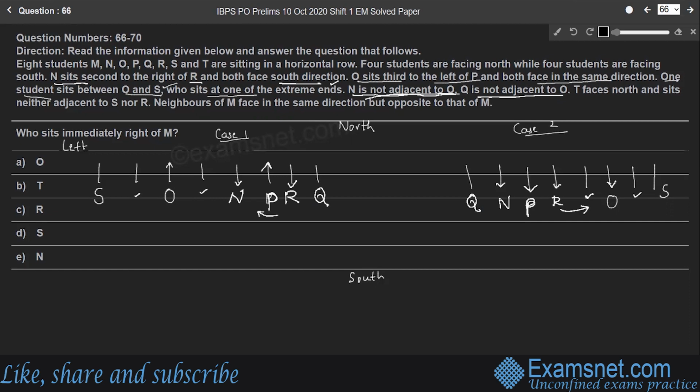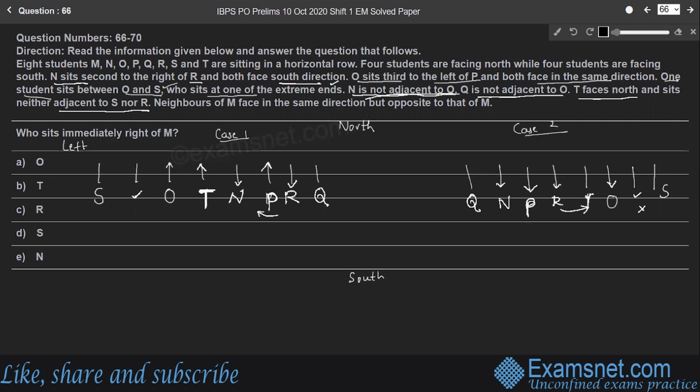So we'll consider the next point. T faces north and sits neither adjacent to S nor R. So T cannot sit adjacent to S and R. So here T cannot sit here adjacent to S. Therefore, position of T will be here adjacent to O. And T faces north, right? In case 2, T cannot sit adjacent to S and R. So T cannot sit here, right?